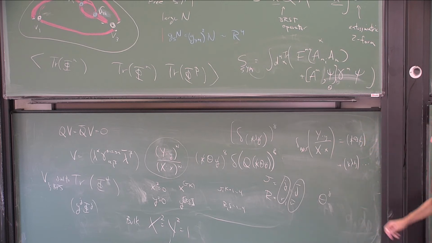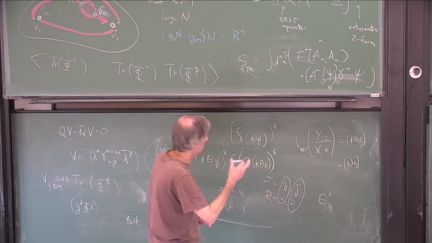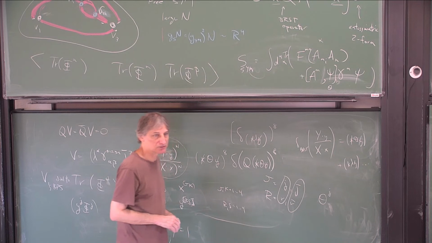This just comes by analyzing how the BRST operator acts on this. I don't think I have time to go into detail, but this is completely straightforward. All you have to do is decompose the PSU(2,2|4) under the PSU(1,1|2) and see how the different things transform.